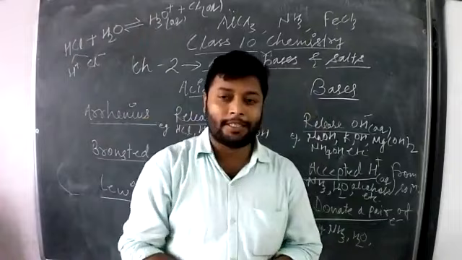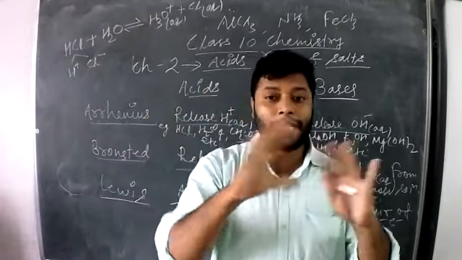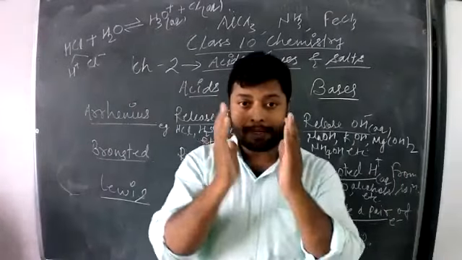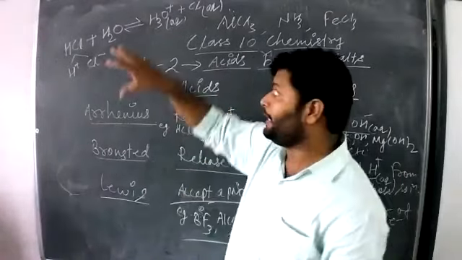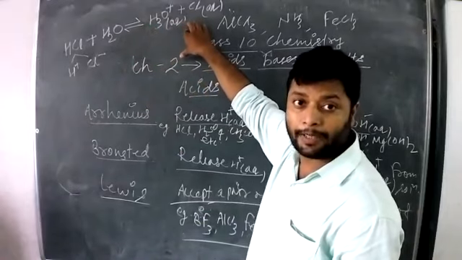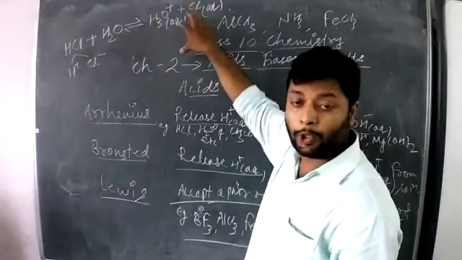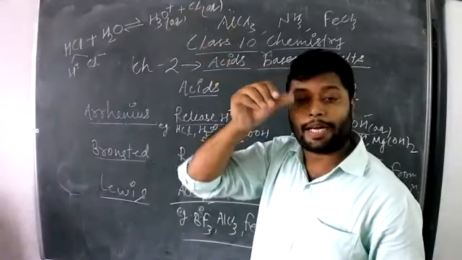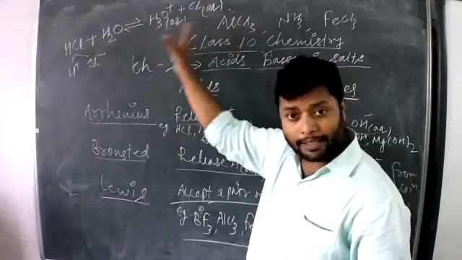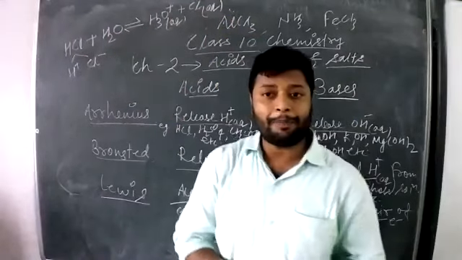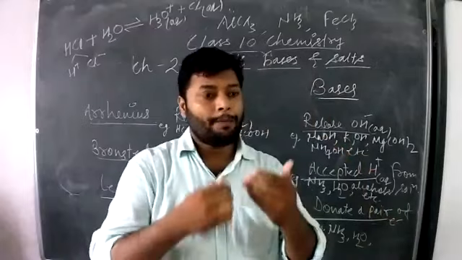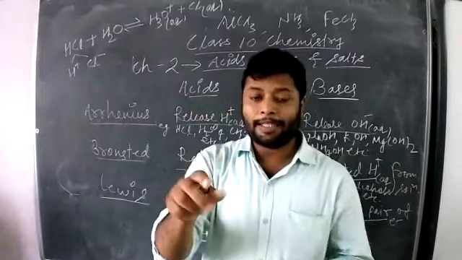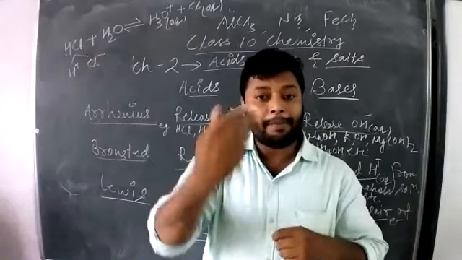Actually, in the same reaction, every time we can take an example of each and every type of acids and bases. Just look at the reaction clearly. In every reaction, you have to look at the reactant side as well as the product side. The concept is any acid after release of H plus becomes a base, and any base after accepting H plus becomes an acid.